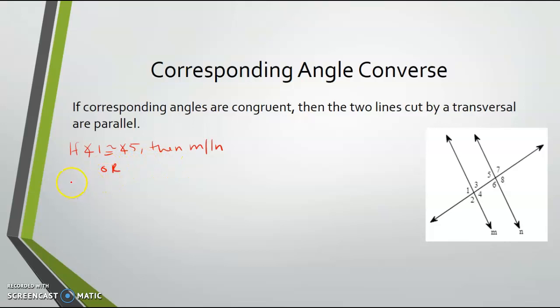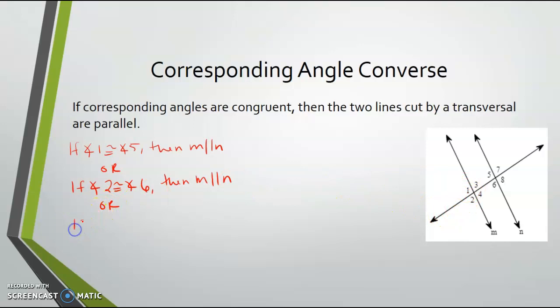Or maybe if I know that angle 2 is congruent to angle 6, then line M is parallel to N. Or, what's my next one?